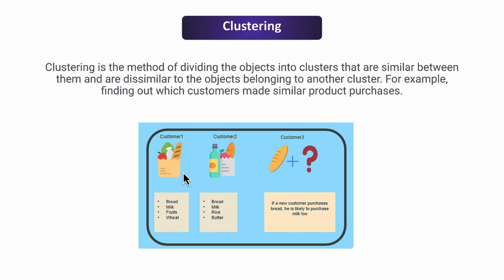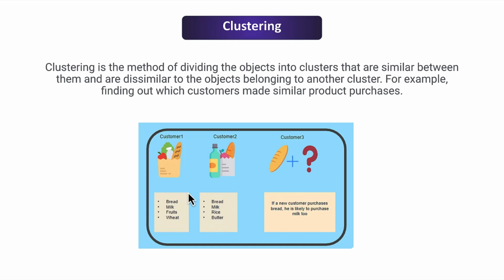If we get the data about the purchases of the customers, then after passing this data to our unsupervised machine learning algorithm, we can get useful outputs. Like here, on a bakery, customer 1 bought these items, which are bread, milk, fruits and wheat, and then customer 2 bought bread, milk, rice and butter.